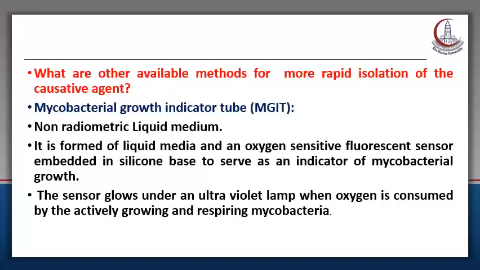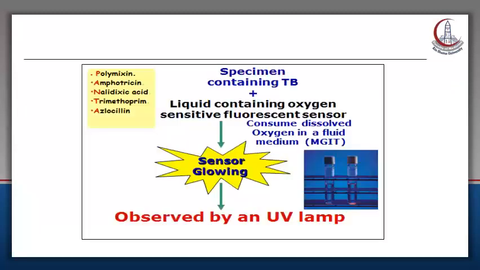To remember, it is a commercial media, and Mycobacterium tuberculosis grows on the MGIT in 2 to 4 weeks, so it's more rapid than the traditional methods. The traditional methods take from 4 to 8 weeks. Half this time is 2 to 4 weeks. The MGIT takes 2 to 4 weeks. This is a picture of the MGIT. As you see in this picture, the bag contains tubes.